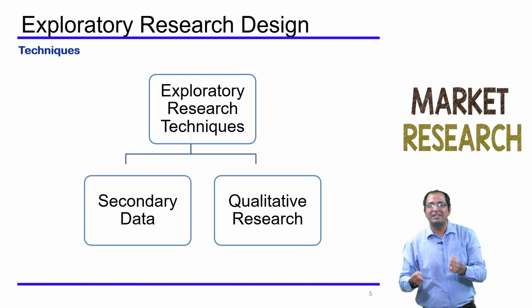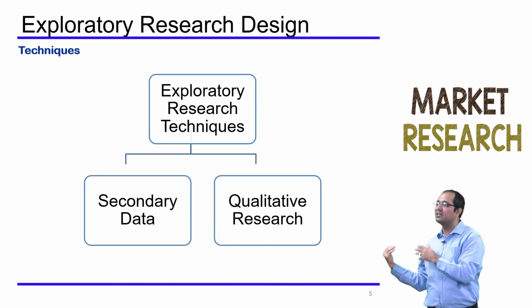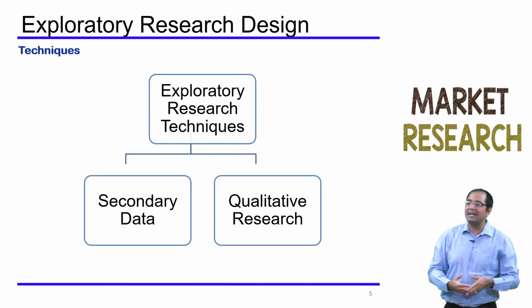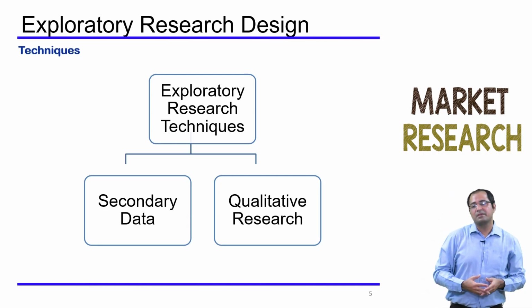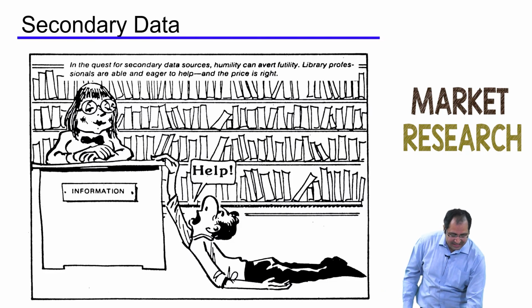From qualitative you get tentative things which may or may not apply to the population. That is why you conduct quantitative for validating and confirming the probable cause and then solving it. So let's move further to secondary data.